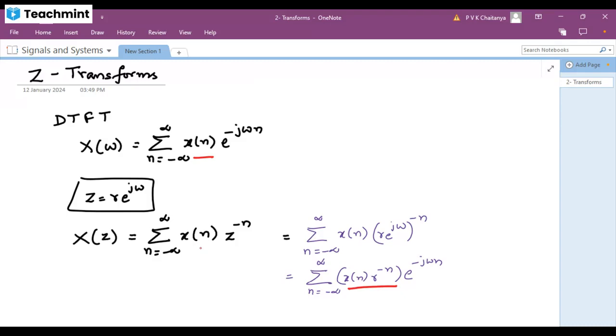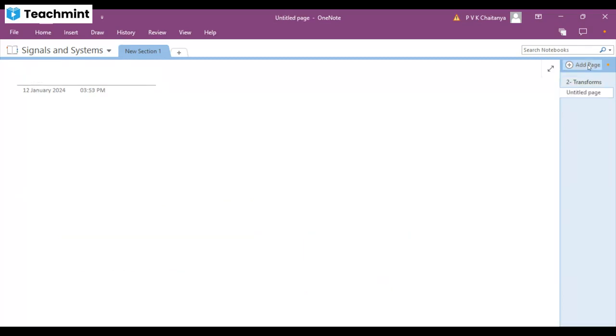Why? Because we are multiplying r power minus n with x of n and then finding the discrete time Fourier transform. That is why X of z in Z transforms is given as sigma x of n z power minus n. So let us go for Z transforms of some commonly used sequences.